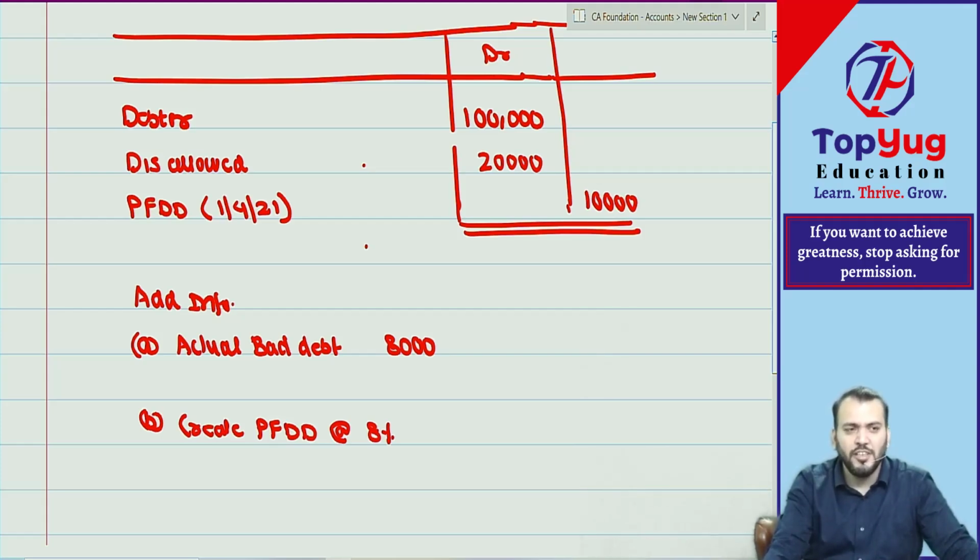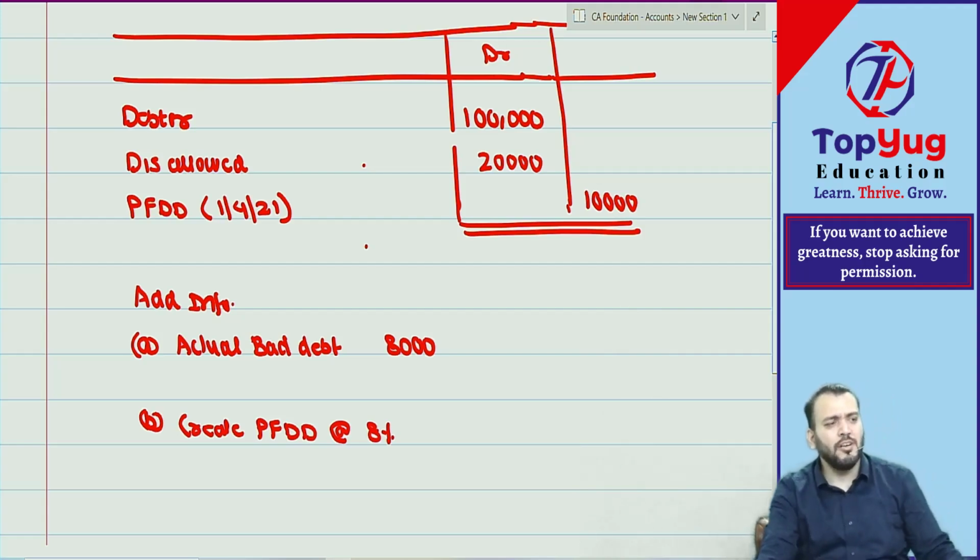What is the journal entry for outstanding expense? Outstanding expense is what? Shut up. Everyone go to the back.